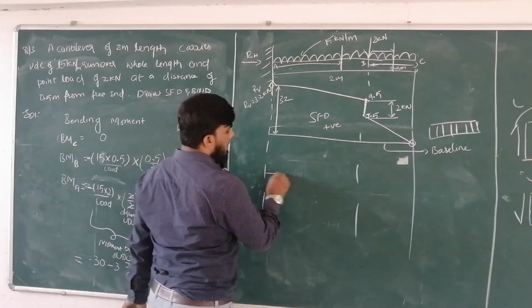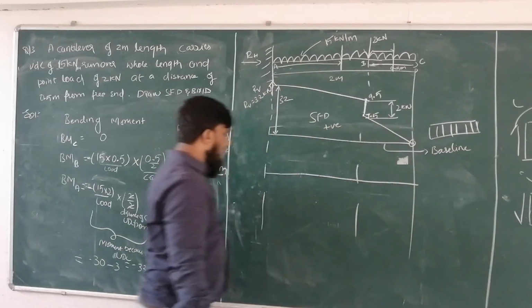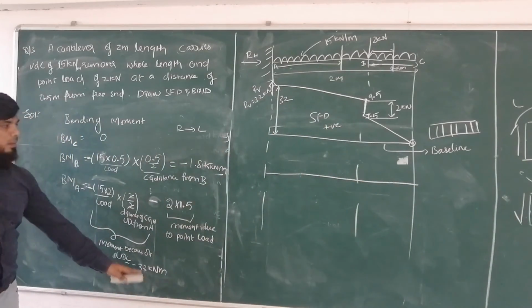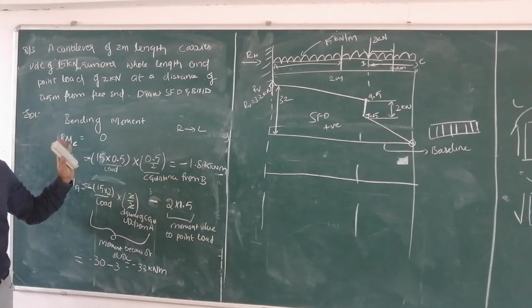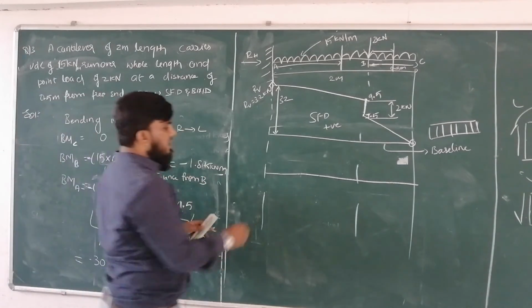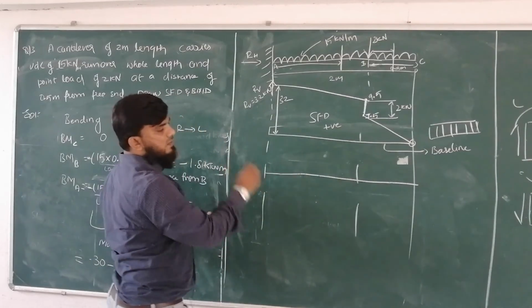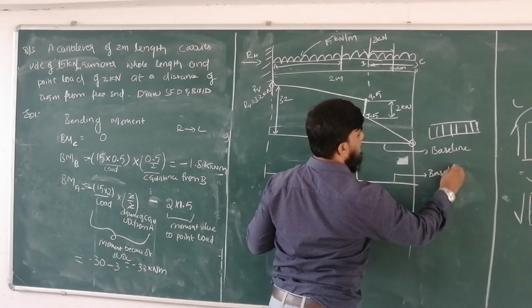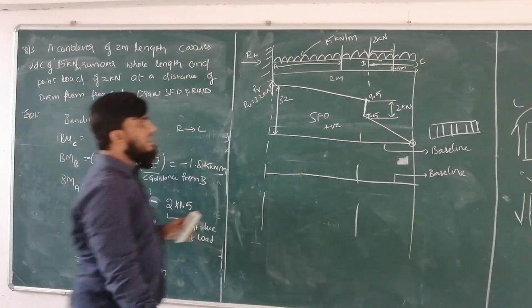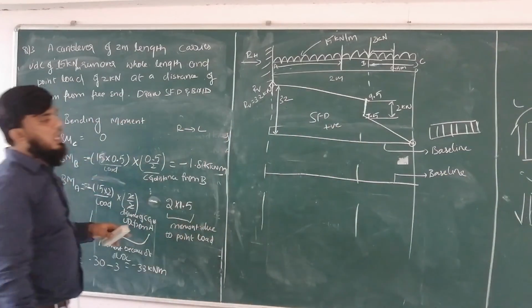Let us draw the bending moment diagram. Obviously, you are getting minus 33 maximum. This is minus 1.875. Next is 0. So I will take the line somewhat upside. This is my baseline. When we take the baseline, the moment at point C is 0.